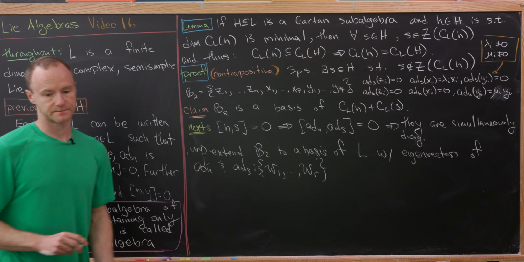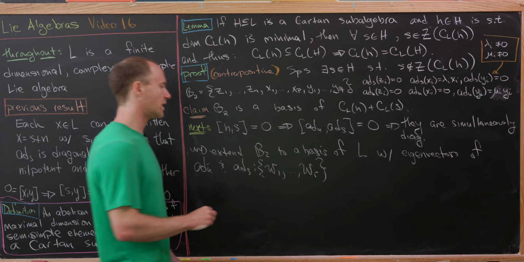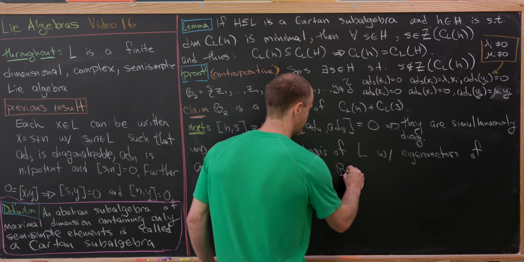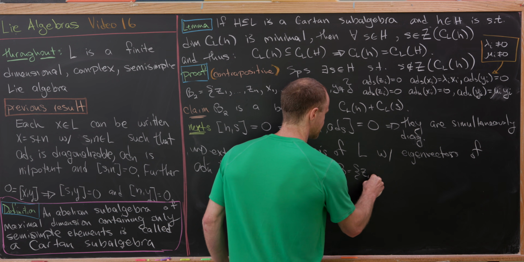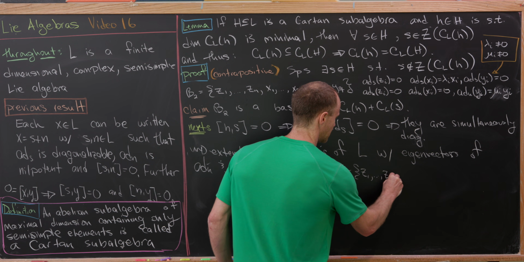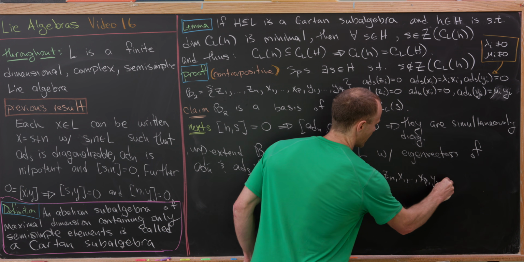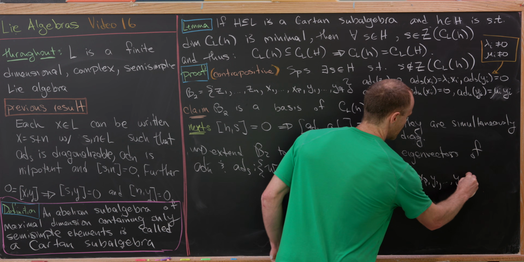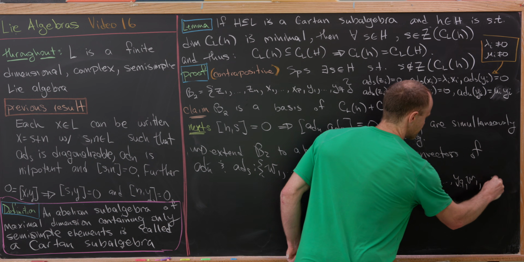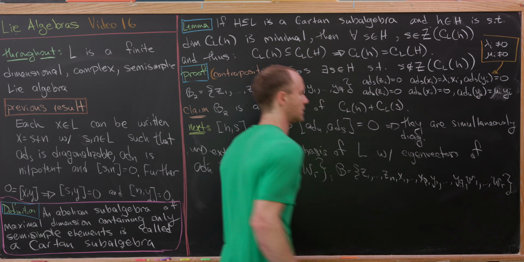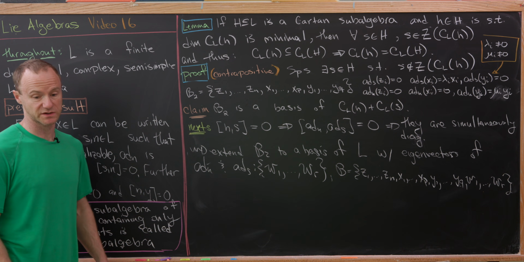Okay, great. And so, well, what does our basis look like? So our B now looks like Z1 up to Zn, and then we have X1 up to XP, we have Y1 up to YQ, and we have W1 up to WR. Okay, great. So there's a basis of the whole space.